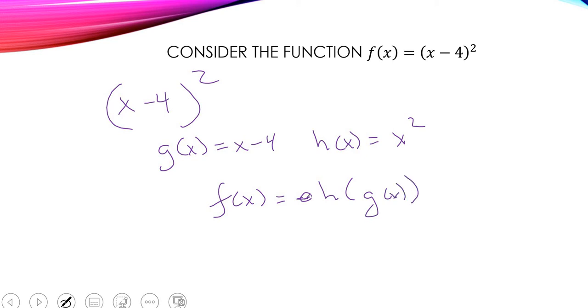In other words, we are going to evaluate the h function when we substitute x minus 4 in for x. So this is called a composite function, and it's putting one function inside of another function.